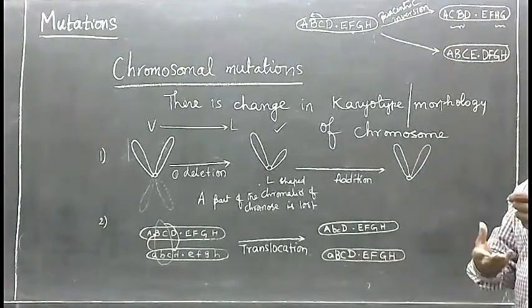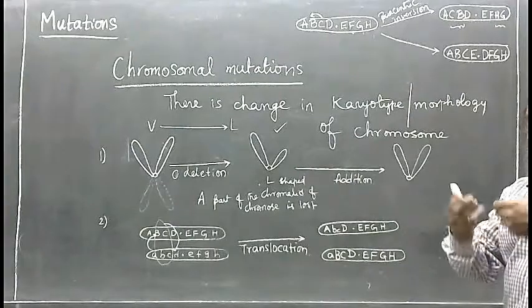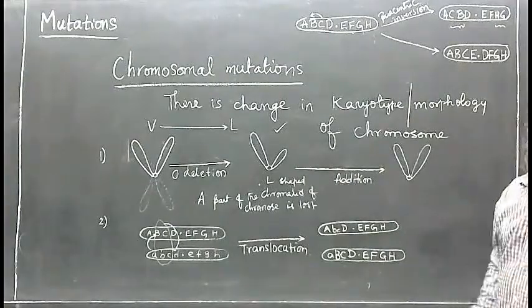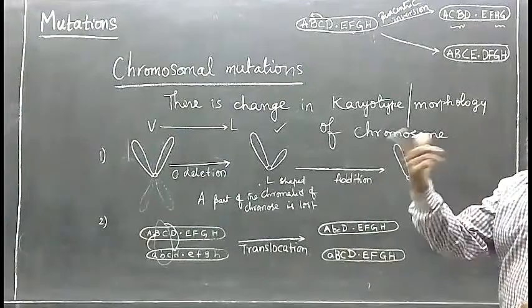When there is change in the arrangement of segments within a chromosome, then the mutation is called inversion.